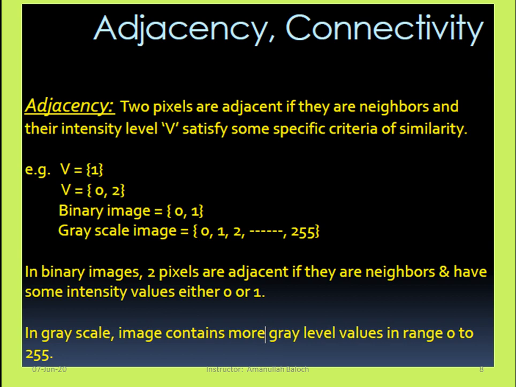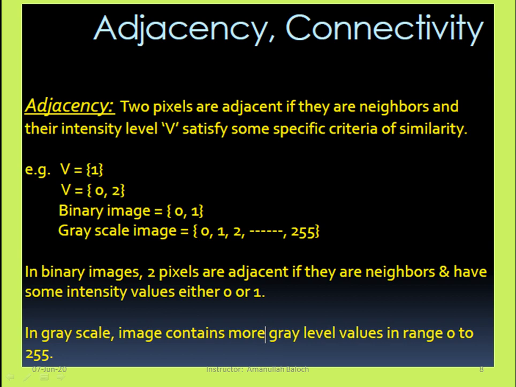Similarly, pixels at a distance of 1 pixel from each other are called adjacent pixels. Two pixels are adjacent if they are neighbors and their intensity values V satisfy some specific criteria of similarity. This is the definition of adjacency.